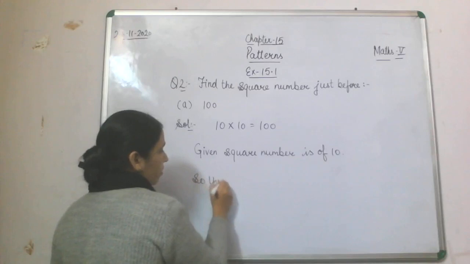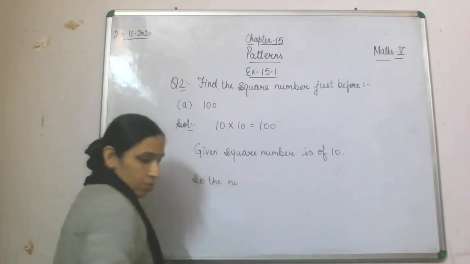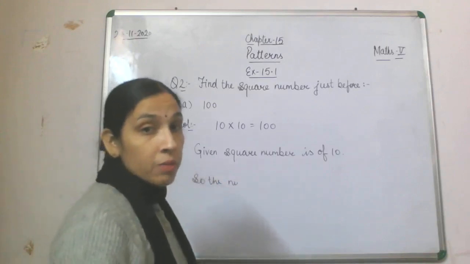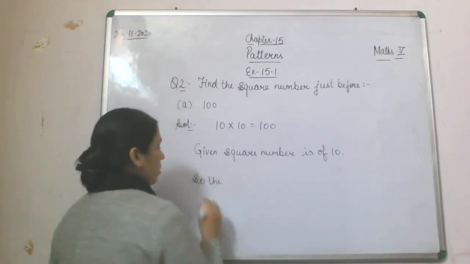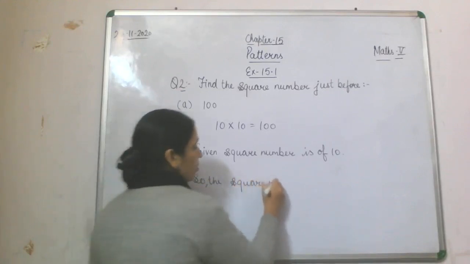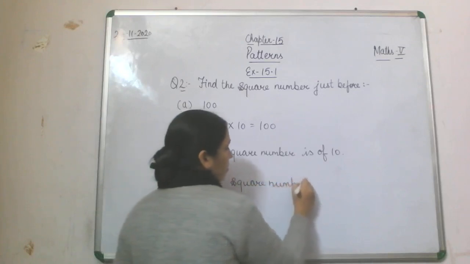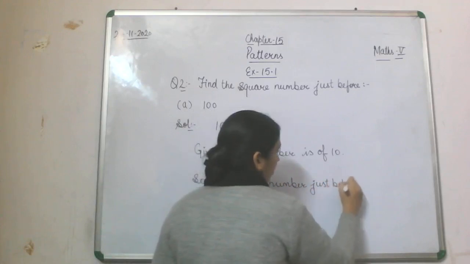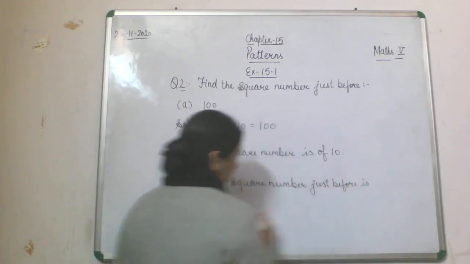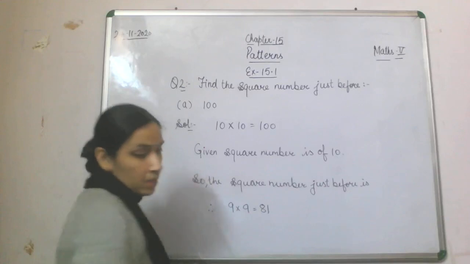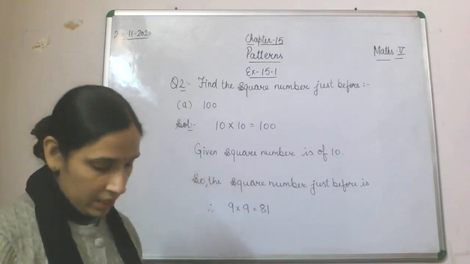So the square number just before it is 9 multiplied by 9, and that will become 81. 9 multiplied by 9 is equal to 81.